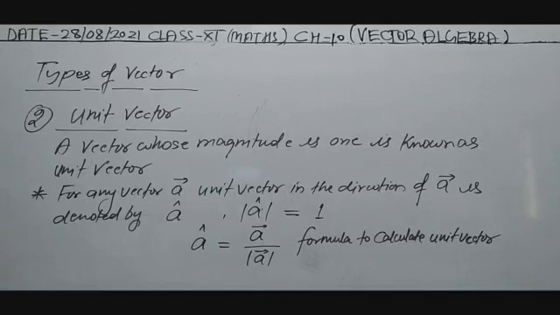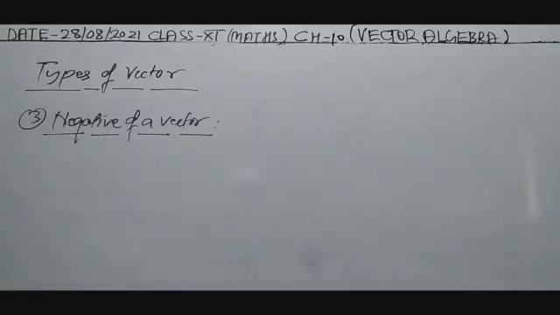Now come to the next definition. The third definition is negative of a vector.